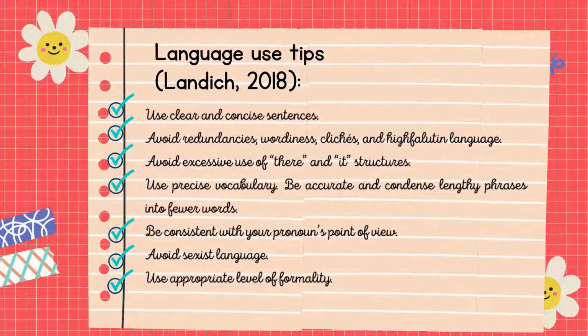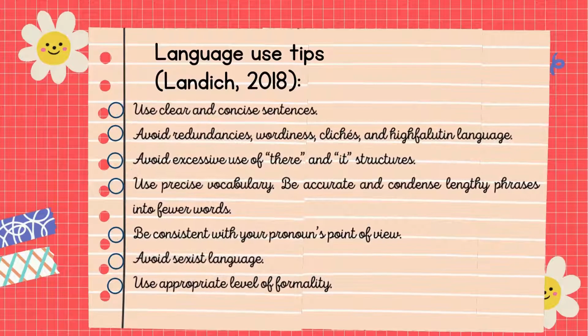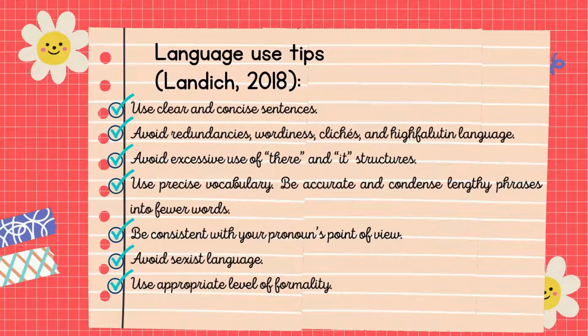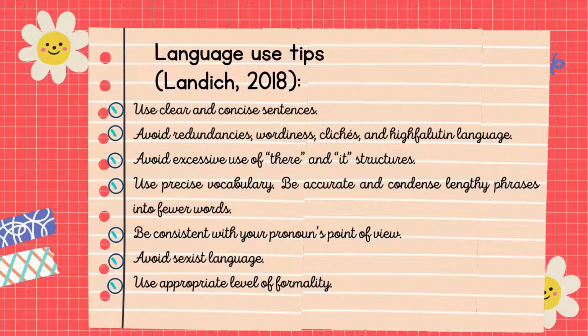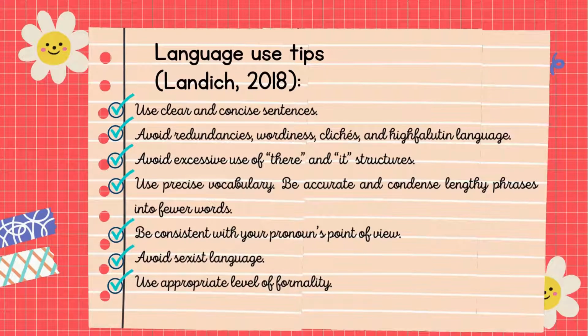To be able to achieve successful use of language in a written text, you should always follow some tips from Landage 2018, such as use clear and concise sentences, avoid redundancies, wordiness, cliches, and highfalutin language.